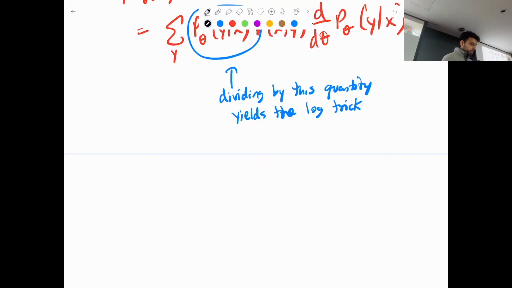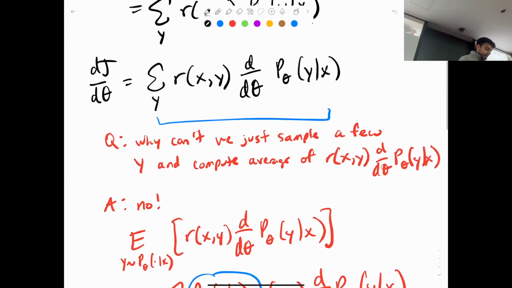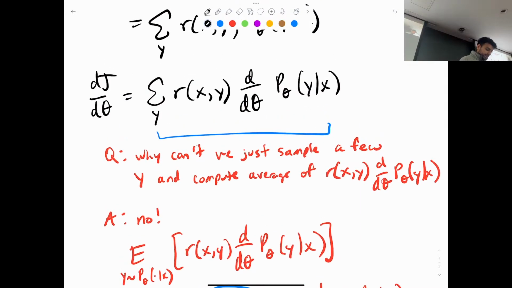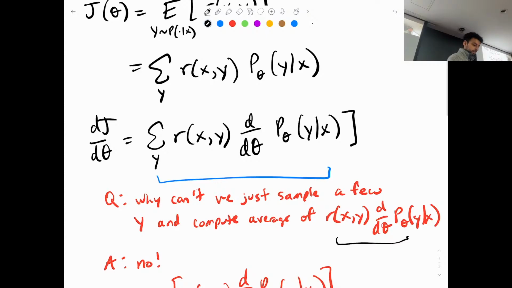Yeah. So what exactly is the issue with this again? In this particular case, this was just for those who asked: can't we just sample a bunch of y's and compute the average of this quantity? Yeah. It basically is not giving you an estimate of the gradient that you actually want, which is up here.